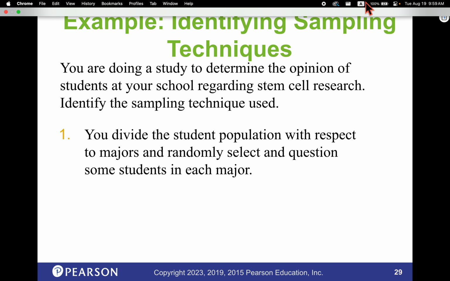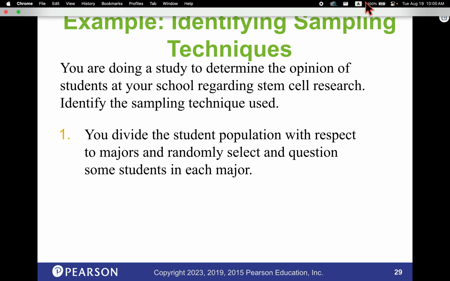You divide the student population with respect to majors and randomly select and question some students in each major. Okay, so what kind of sample would that be? Look at the college, break them into majors, and then we randomly select and question some students in each of the majors.